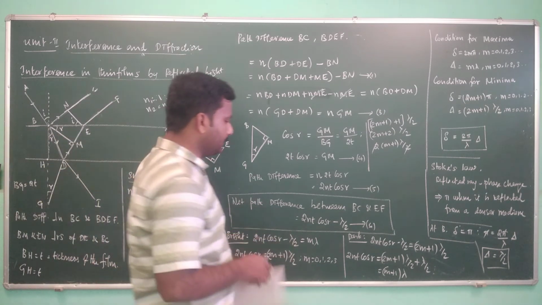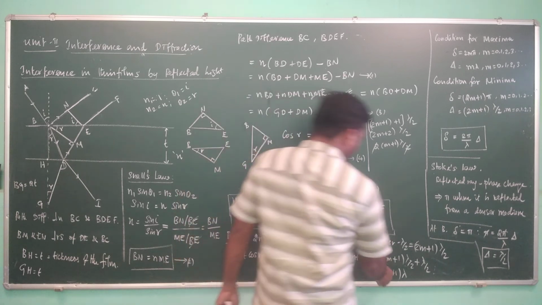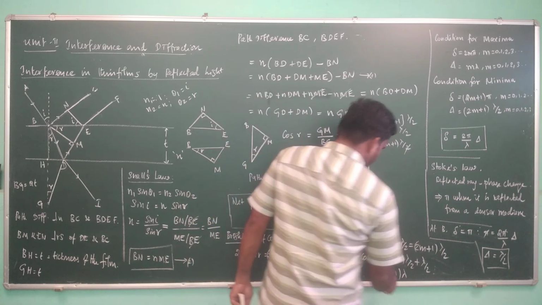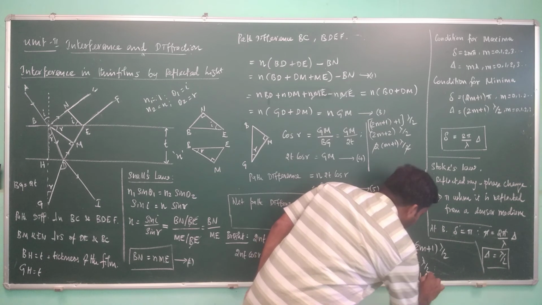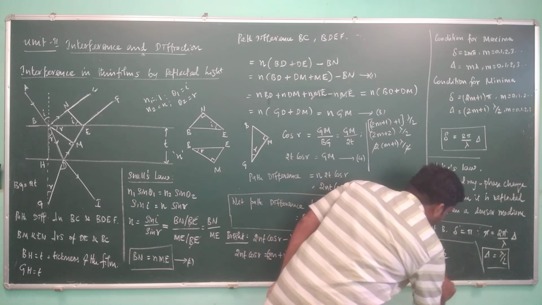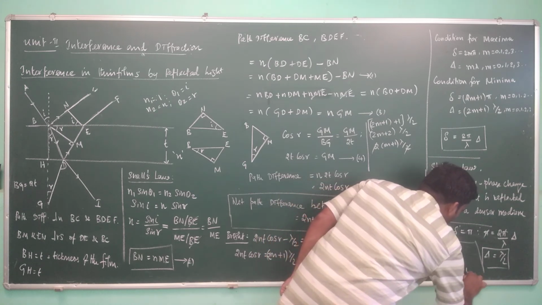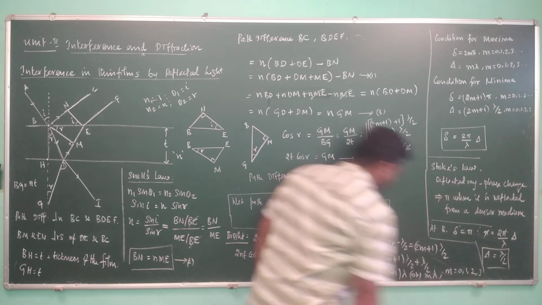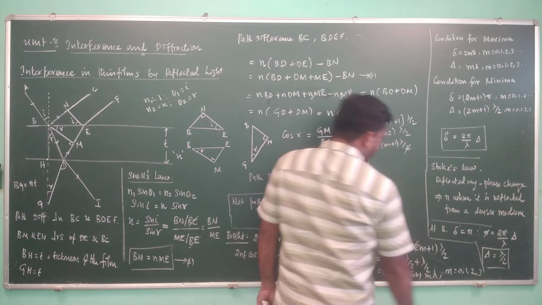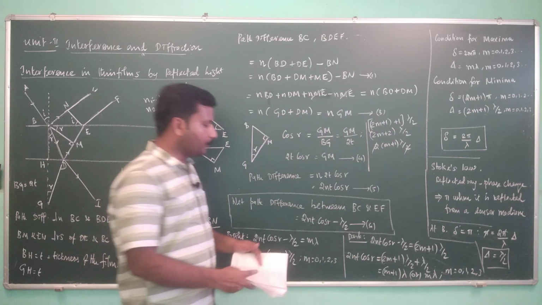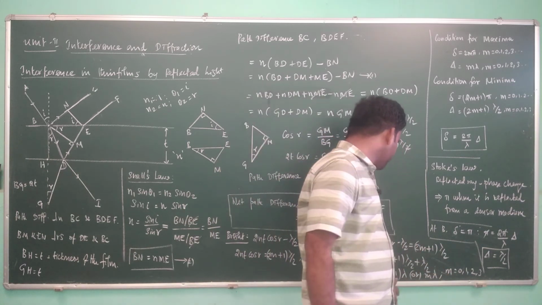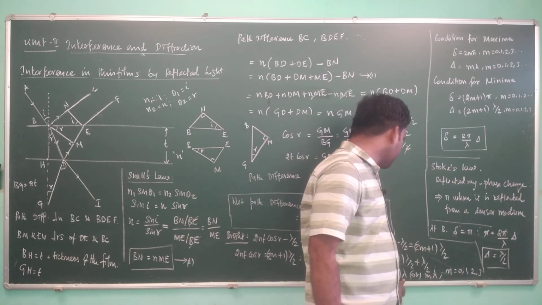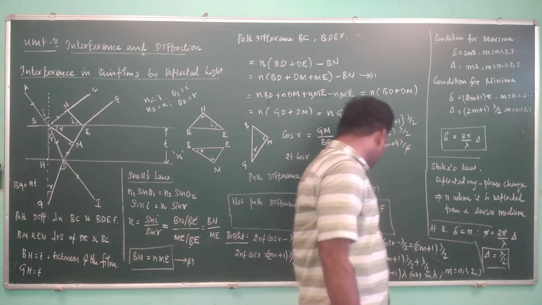Okay, and m plus 1 can be written as m lambda, where m equals 0, 1, 2, 3. See, m plus 1 lambda and m lambda doesn't make any difference. If it is m plus 1 lambda, then if you put 0, it becomes 0 plus 1 lambda, and in that case also we will have a dark line.